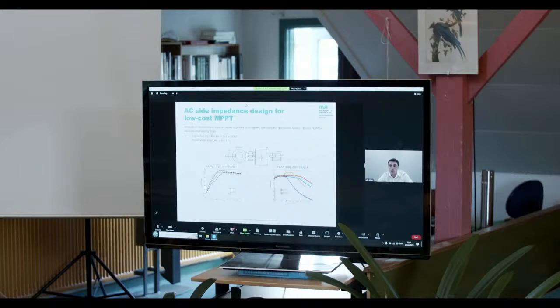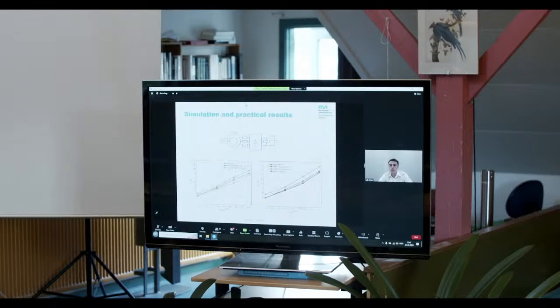So we pass to the inductive series impedance, and in the right graph you can see that there is a range of inductance that increases power at all wind speeds. So for example, on analyzing the graphic, we take 0.32 Henry as a good result.